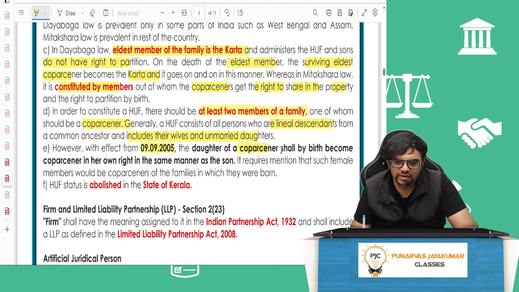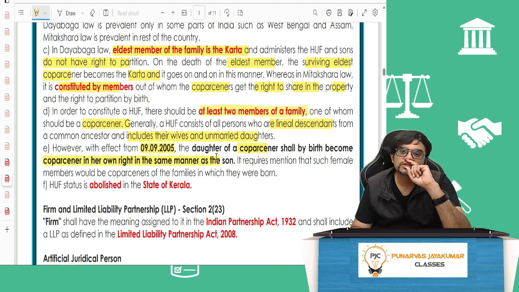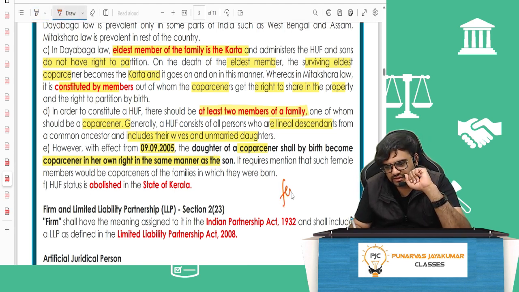A daughter of a coparcener shall also by birth become a coparcener in her own right. So females will also have the same value as males in a Hindu undivided family. Can a female be a Karta also? Yes, in 2015 there was one more case law whereby even a female can become a Karta.